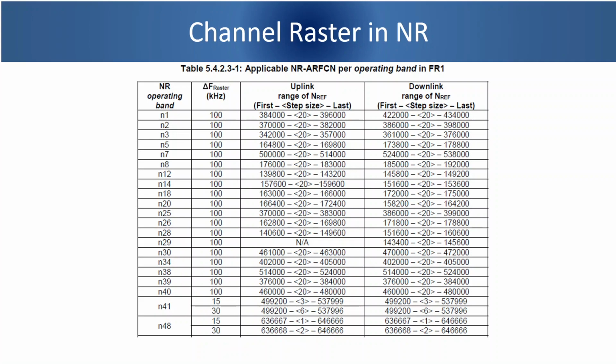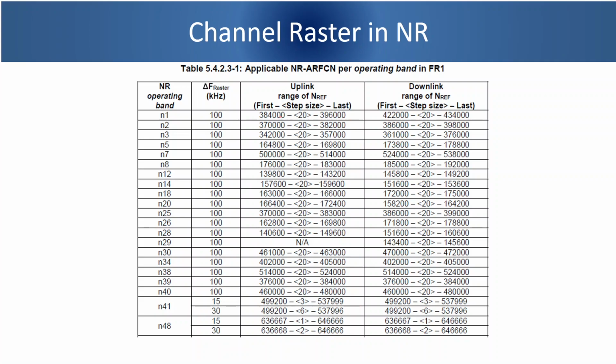As I told you, in case of frequencies up to 3 gigahertz, the global raster is 5 kilohertz. That means not all ARFCN values will be used; there will be a step of 20. Suppose your ARFCN value is 384000, the first one.